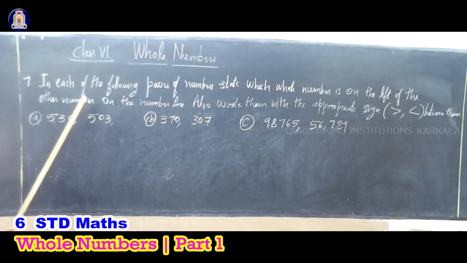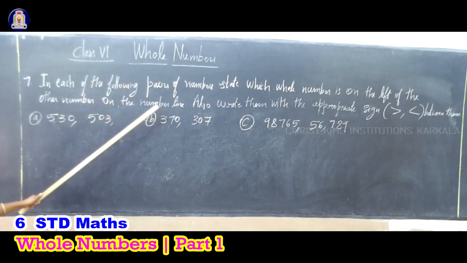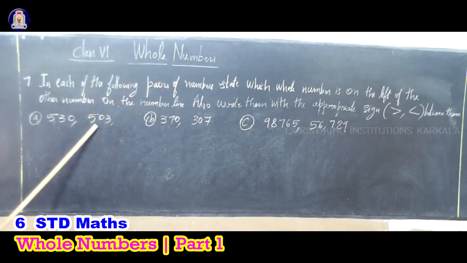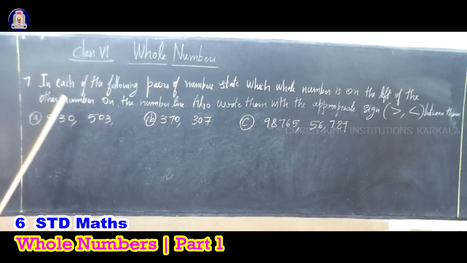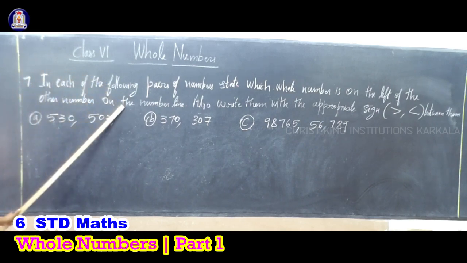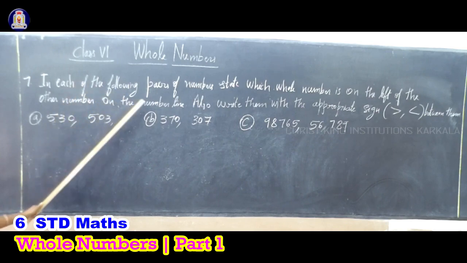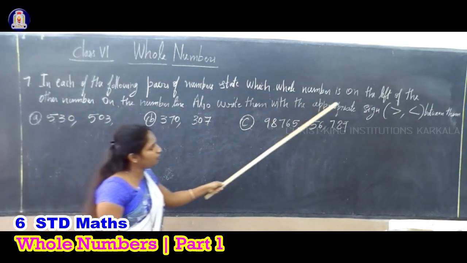The question is you have to find which is greater, which is smaller. So now first you have to see, it is given on the number line. You have to see which number is lying in the left and which number is lying in the right. Clear?